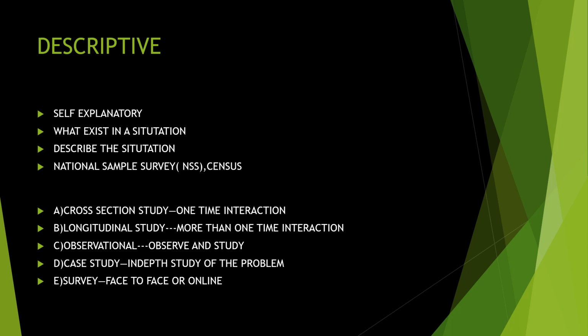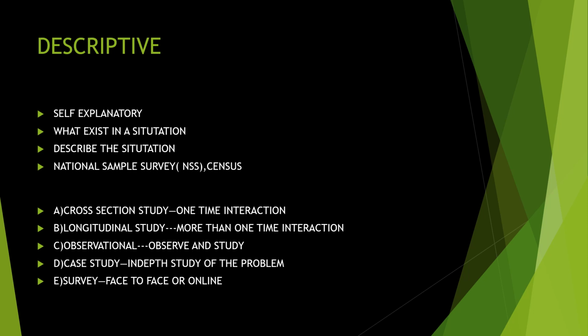Okay. Next is survey. Survey means you are moving from one area to another area, or one individual to another individual. You are taking the details about each and every person. It can be face to face, or it can be online. You already have a set of questions, you ask all these questions and collect the details about the individuals.